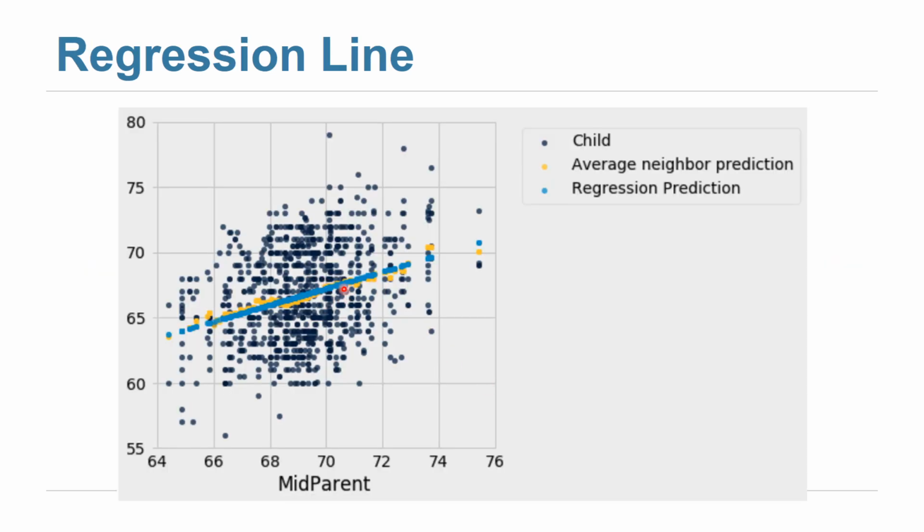We saw that on an example, if you remember, the relationship between the height of the parents and the height of the child. We tried that in two different ways. The first one used nearest neighbor prediction, the idea that we tried earlier in the course, indicated here by the gold points, and the regression line, indicated by the blue points.